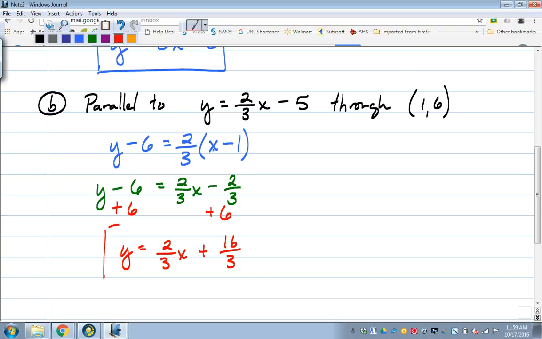And you can do that with the calculator as far as I'm concerned. 2/3 taken away from 6. 5 1/3, and then change it to an improper fraction. And there's our parallel line. Okay. If we were to graph this equation and the original one, we would see them going up and to the right, parallel, never crossing, never touching each other. Okay. If we were to graph them.